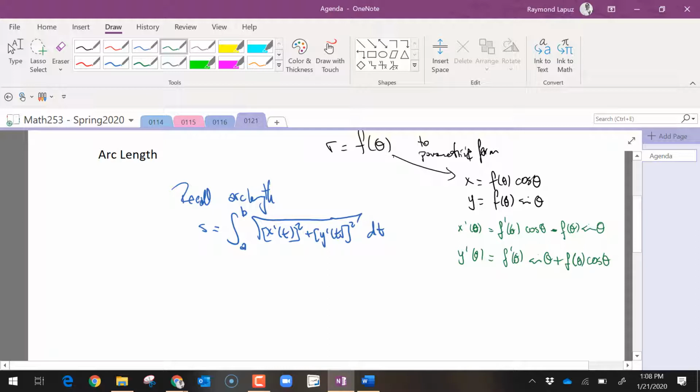So the magic happens when you square each of these things. You'll have things like cosine squared theta plus sine squared theta that would group together. You'll have things that will cancel in the middle, and you'll end up with a simple formula.